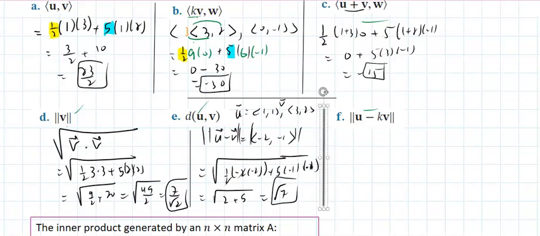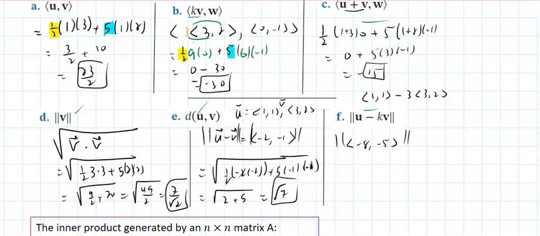And if I take U, which is 1, 1, minus K V, K was 3, I believe, V was 3, 2. I'll get pretty much 1 minus 9, which is negative 8, and 1 minus 6, negative 5. Hopefully, if I make a mistake, you get the point.